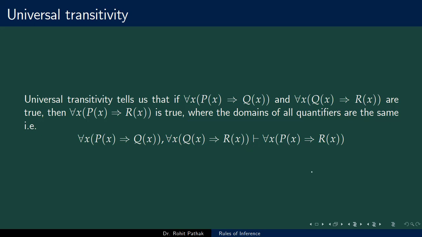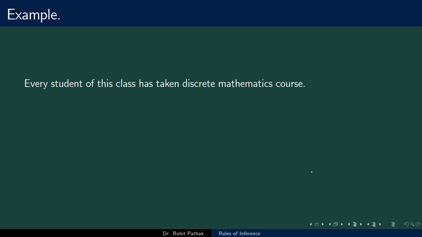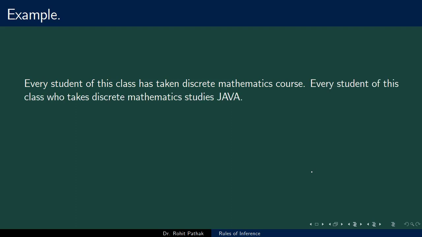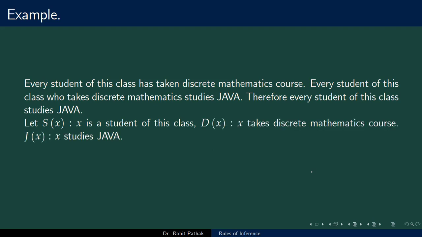For example, every student of this class has taken the discrete mathematics course. Every student of the class who takes discrete mathematics studies Java. Therefore, every student of this class studies Java. So let S(x): x is a student of this class, B(x): x takes the discrete mathematics course, and J(x): x studies Java.